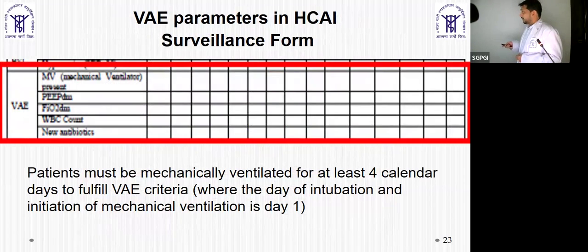It was monitored on daily basis for clinical diagnosis, and fraction of inspired air, FiO2. Also, WBC count was seen, and for microbiological profiling, we saw use of new antibiotics. Patient must be mechanically ventilated for at least 4 calendar days to fulfill VAE criteria, where the day of intubation and the initiation of mechanical ventilation is on day 1.